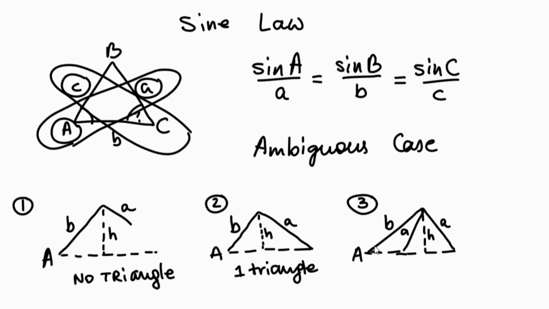The first triangle could be this one, and the second triangle could be this one, and the angle at the base would either be an obtuse angle or an acute angle. So when A has a length that is between the height and the B side here, then you end up with 2 possible triangles.